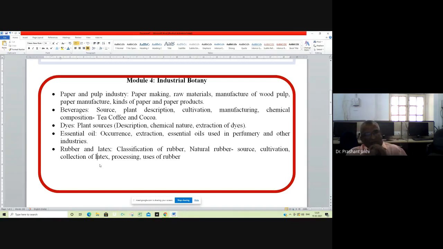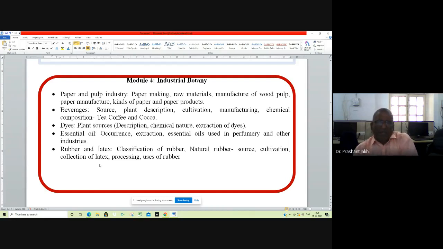Then beverages. We are using different types of beverages including tea and coffee, even cocoa. So how these beverages are produced, what are the different sources of beverages, how these are cultivated, what the manufacturing process is, what the chemical composition is regarding tea, coffee, cocoa and other beverages which we are going to study.